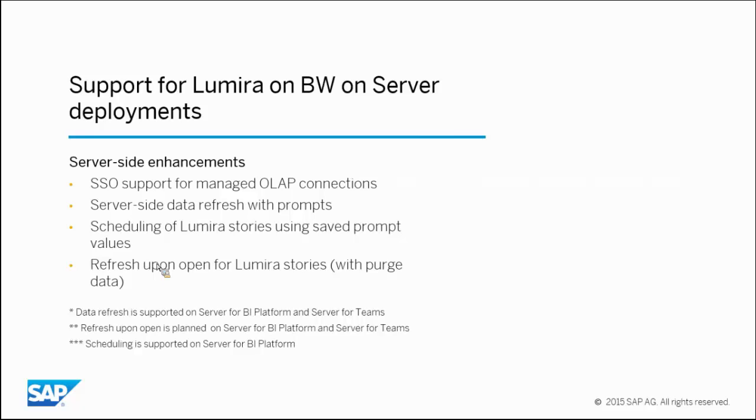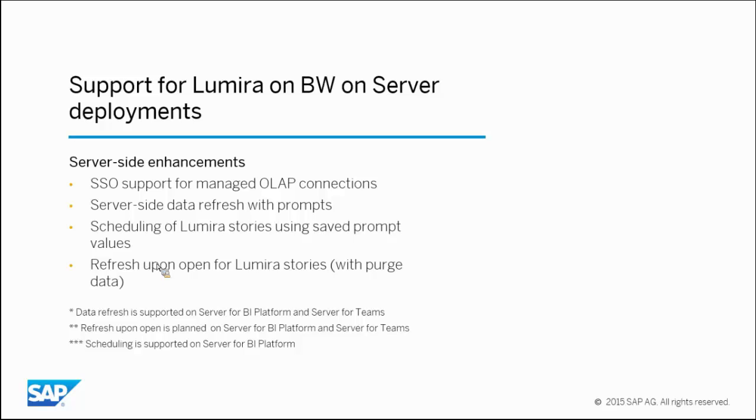On the server side, a couple of important features applicable in the case of BW which I would like to highlight are, we do support SSO. SSO support is only available when you make use of managed connections while creating the Lumira documents.